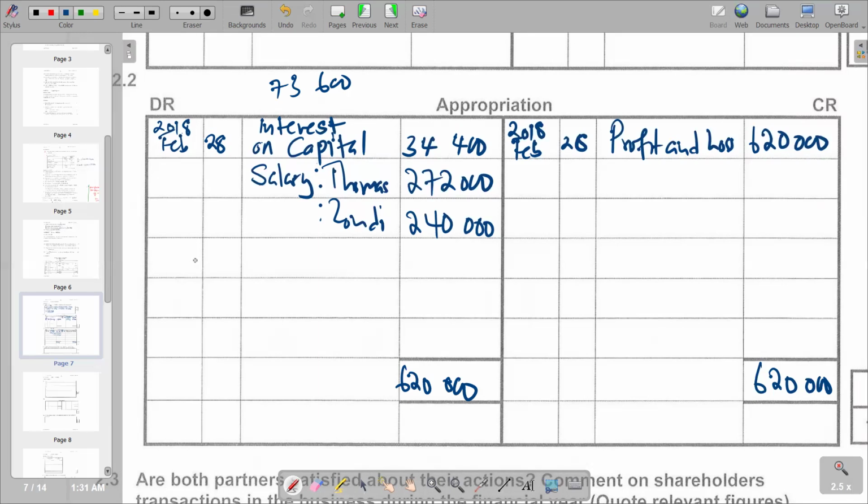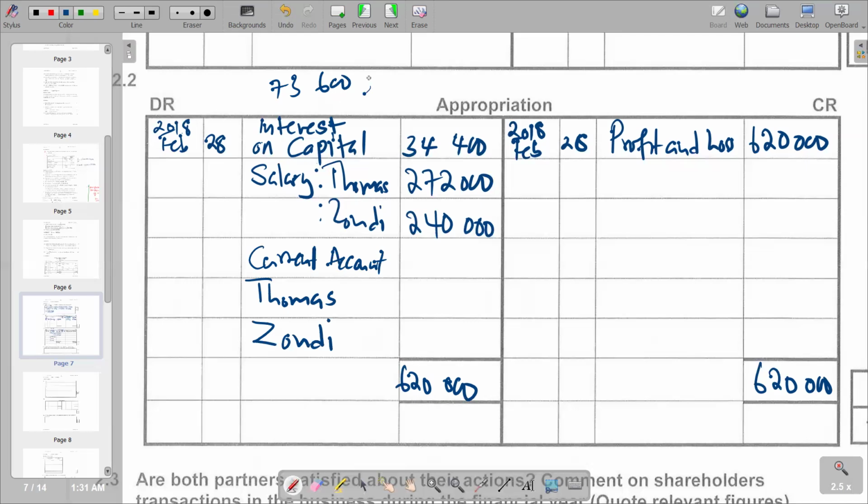So this 73,600 is what we are going to share equally between Thomas and Zondi. We transfer that amount to current account. So we're going to say current account, whereby we have Thomas and Zondi. So we say 73,600 divided by 2.